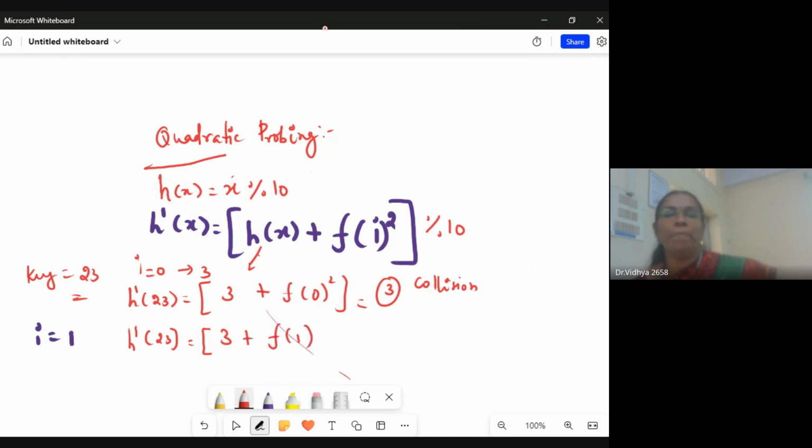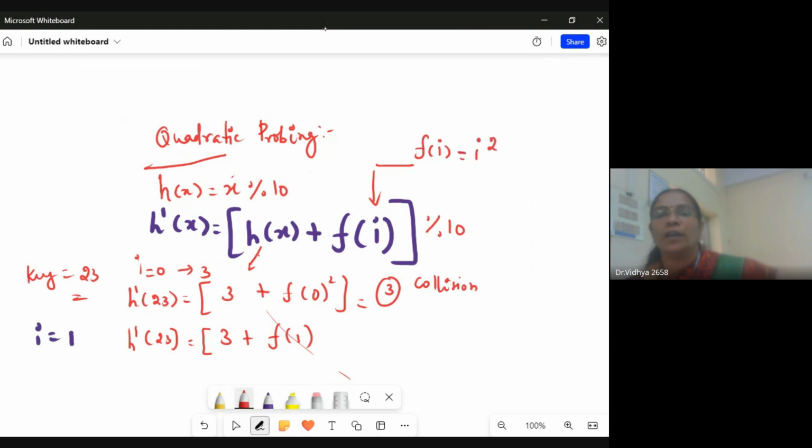Here I forgot to mention, sorry, one minute, please do the correction. It is f of i only. Here the representation is f of i only, where f of i equal to i square.